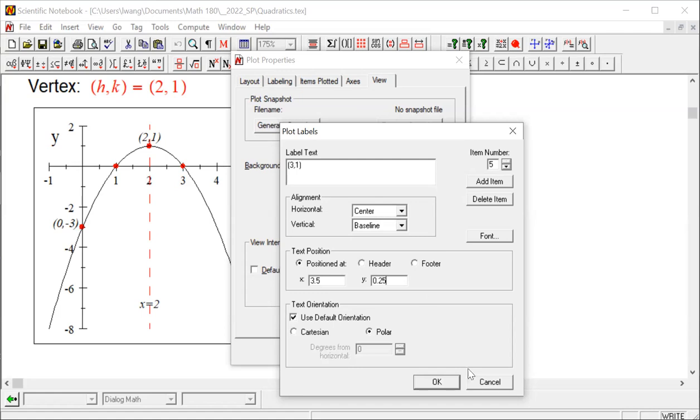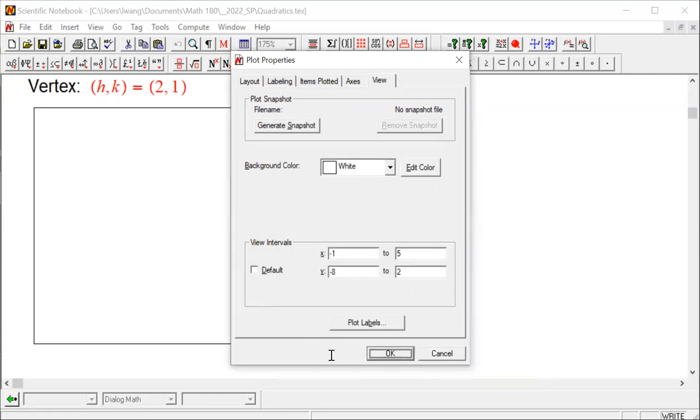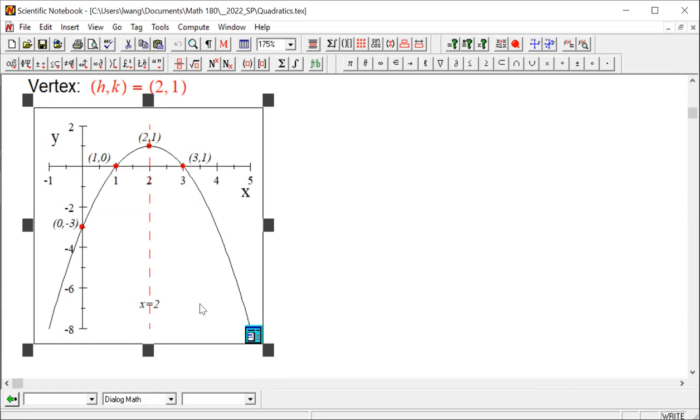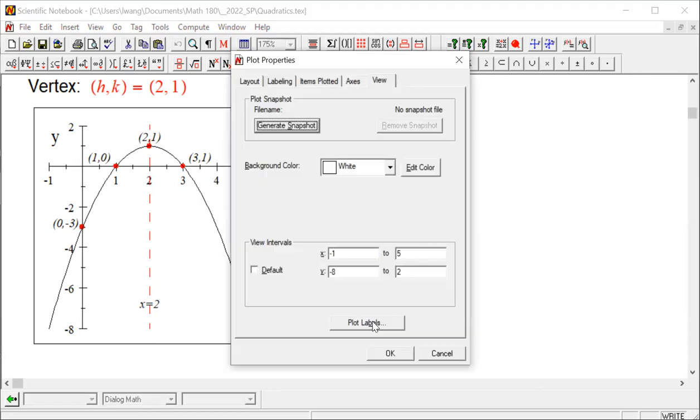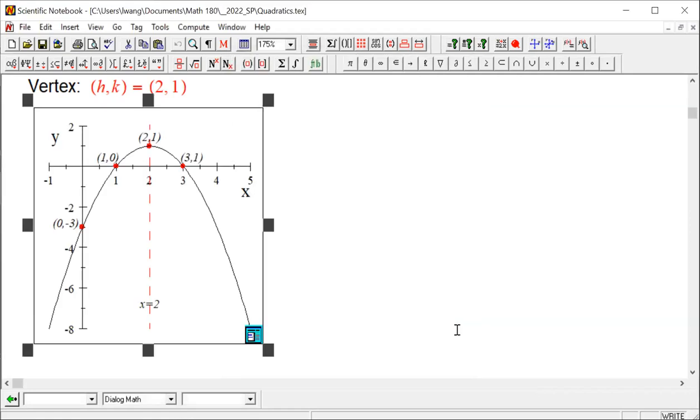I want you guys to take your time to mark those points. Maybe I can make them a little bit closer so that it doesn't get confused. See, that's better.